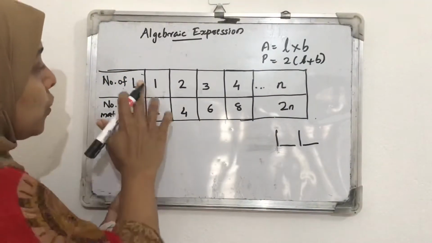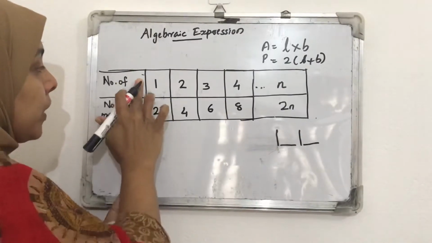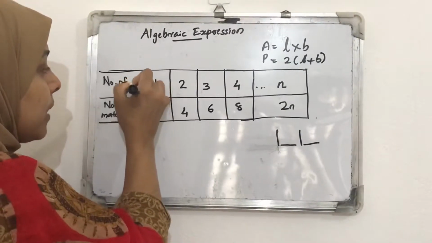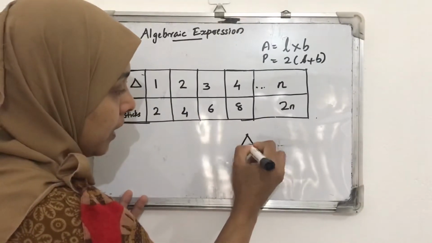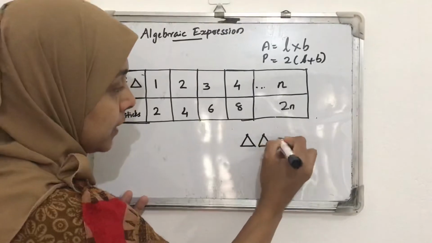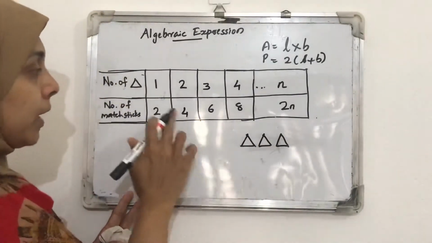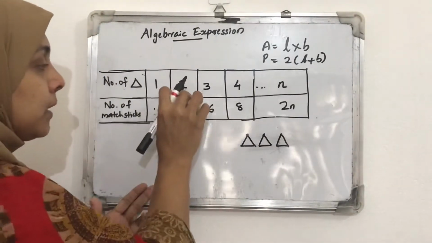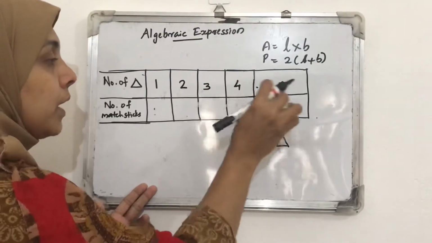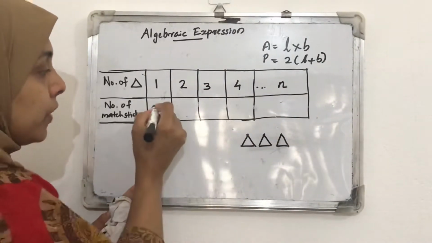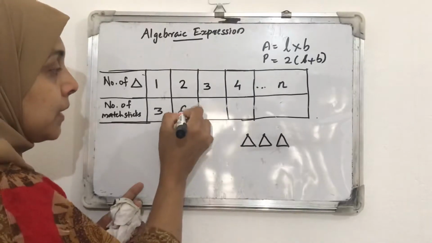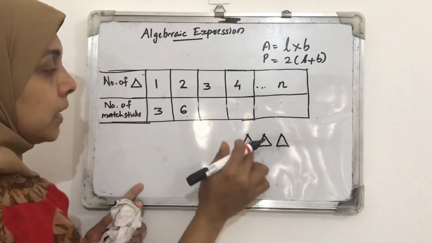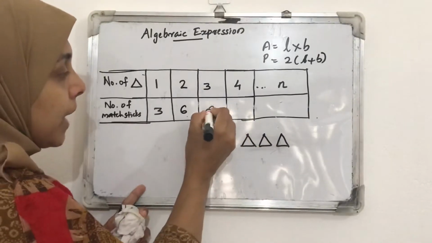Just like if you want to form a triangle like this, and another triangle of this type. For one triangle, how many matchsticks do we use? For one triangle we use 3 matchsticks. For 2 triangles there are 6. For 3 triangles there will be 9.